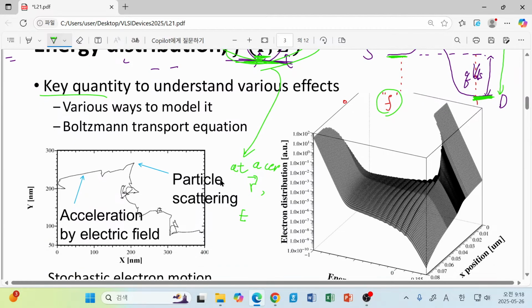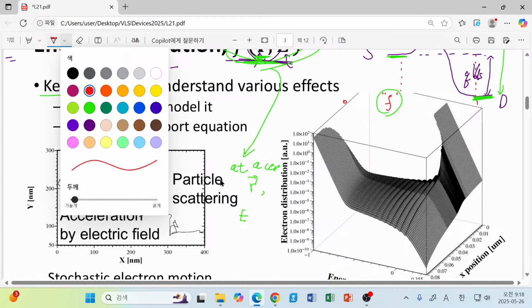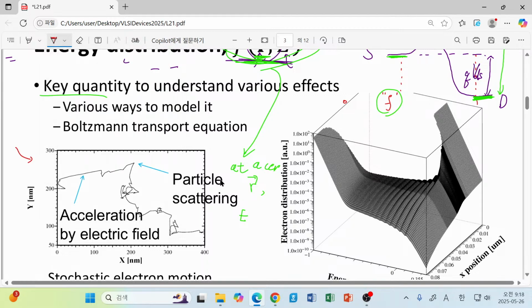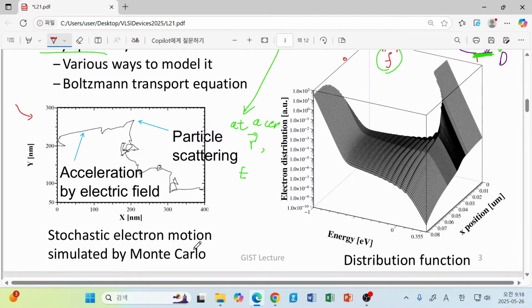So the previous way, and still quite a usual way to calculate this distribution function, is shown here. See in this left figure. In order to calculate this quantity, usually people adopt the stochastic Monte Carlo method. Maybe if you are working with circuit simulation, circuit design, you have heard about this Monte Carlo terminology in SPICE simulation.